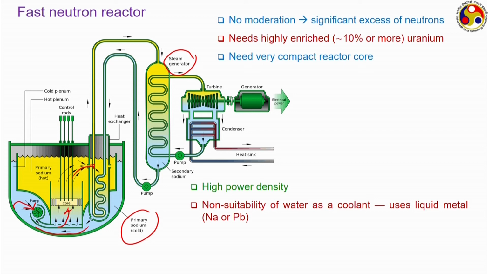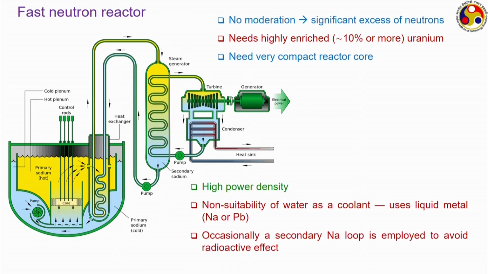So, we are using sodium in both the primary as well as the secondary loop. This secondary sodium loop, which can help us avoid the radioactive effect, also complicates the design and puts some additional burden from the fabrication point of view. In the outside loop we use water only, which gets the energy from this second sodium loop, and then in a conventional Rankine power cycle it can produce the power.